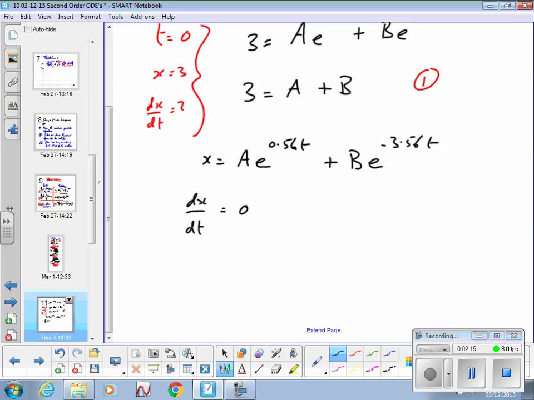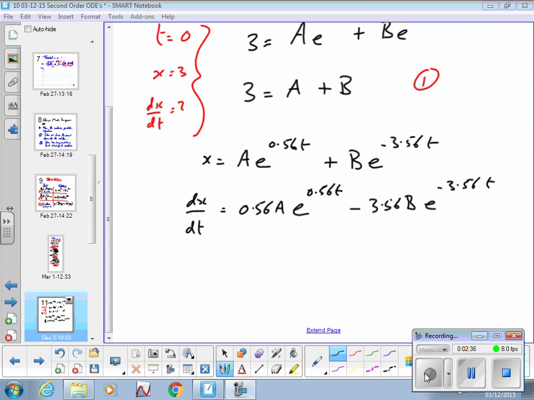So we get 0.56a e to the 0.56t minus 3.56b e to the minus 3.56t. That's our differential.